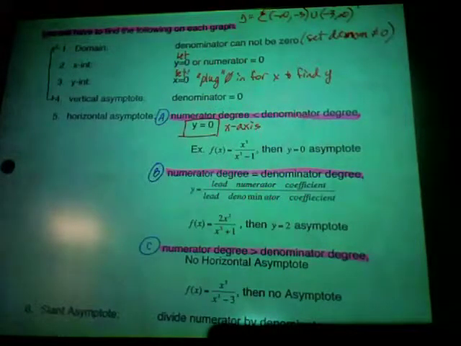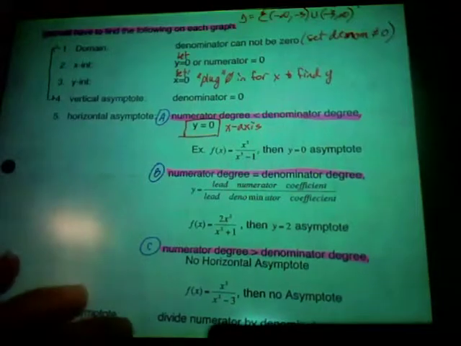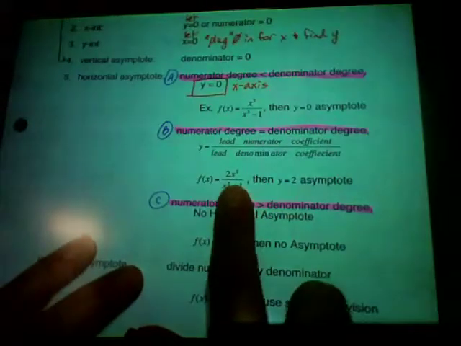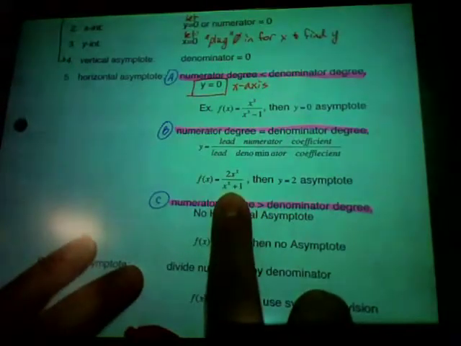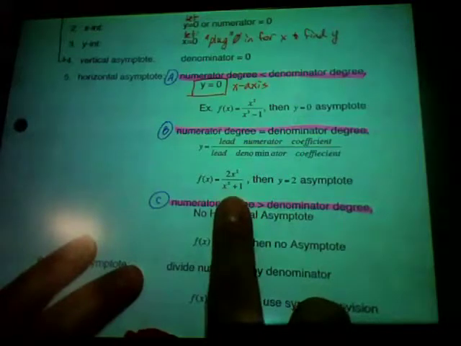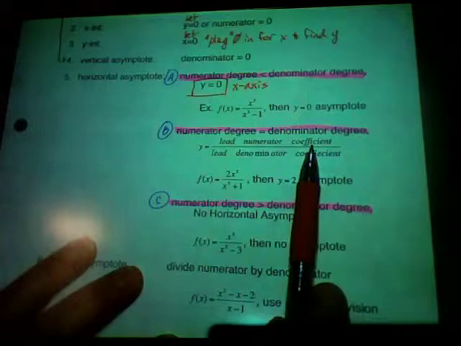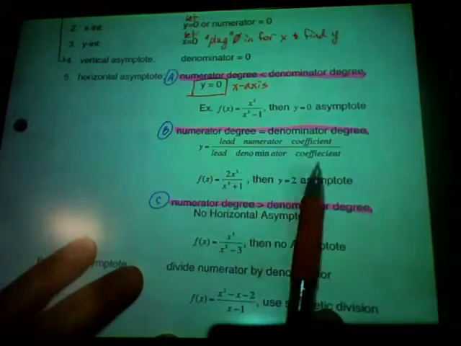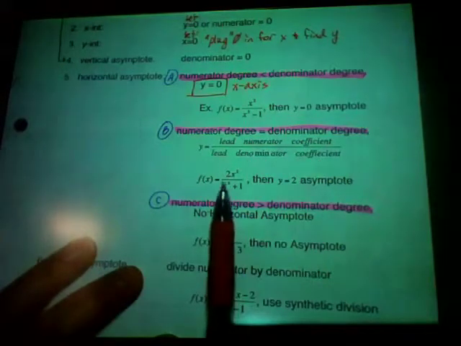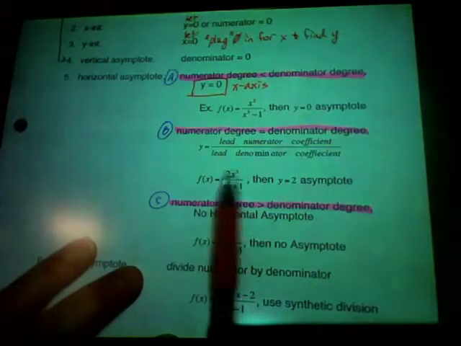All right, then if your numerator degree is exactly equal to your denominator degree. So here's an example. We have 2x squared over x squared plus 1. Then look what you're going to do. You're going to take your leading numerator coefficient and divide it by your leading denominator coefficient. So what's the leading numerator coefficient here? 2.